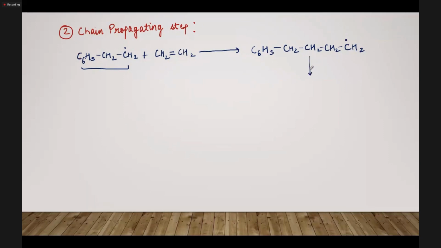Now what will happen? Now this is not a single step. ठीक है, this will repeat again and again. ठीक है, तो जब एक और ethene molecule आया, suppose कि ये free radical बना, now again there will be an ethene molecule in the reaction mixture. ठीक है, तो वो ethene molecule when it reacts to this, तो हमारा next क्या बनेगा?